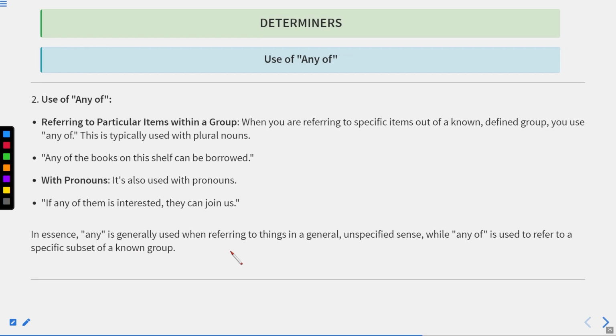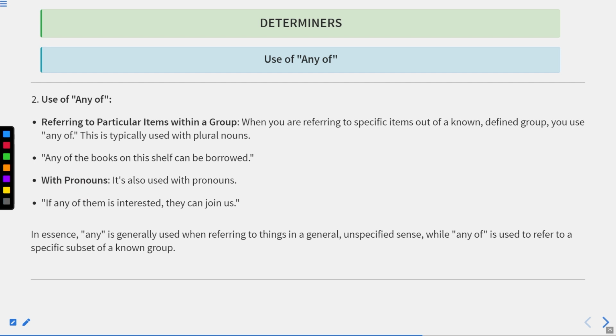Uses of any of. We can also use the preposition of after the word any, referring to particular items within a group. When you are referring to specific items out of a known defined group, you use any of. This is typically used with plural nouns. Any of the books on the shelf can be borrowed. So we are talking about only those books which are kept on the shelf, however, those books can be any.